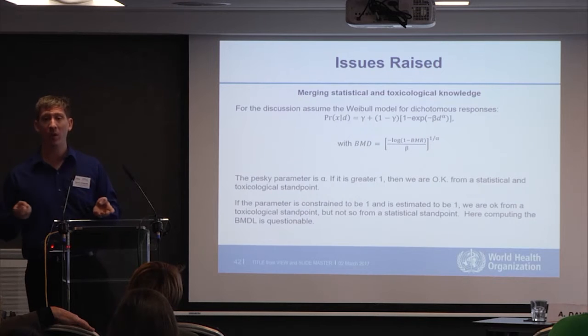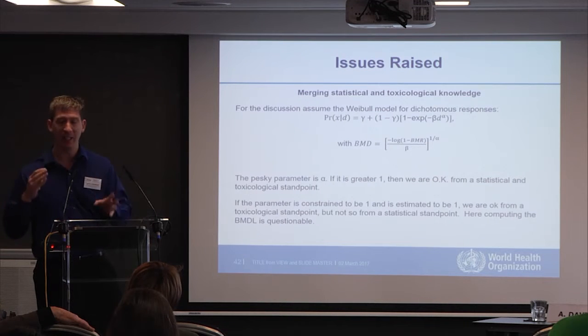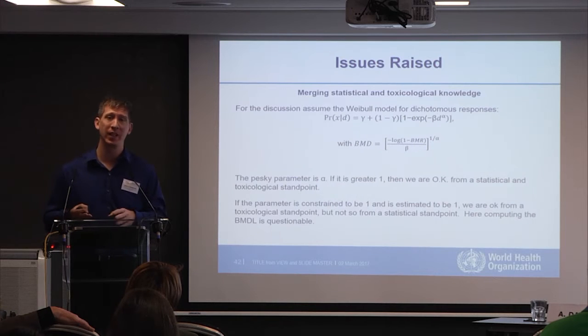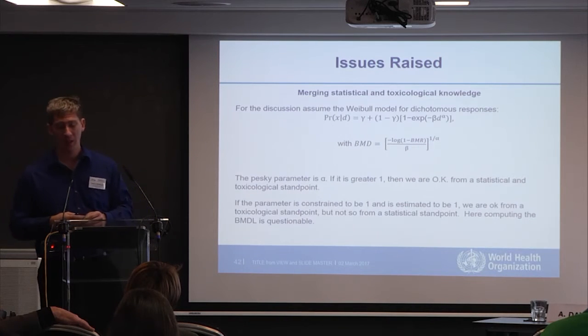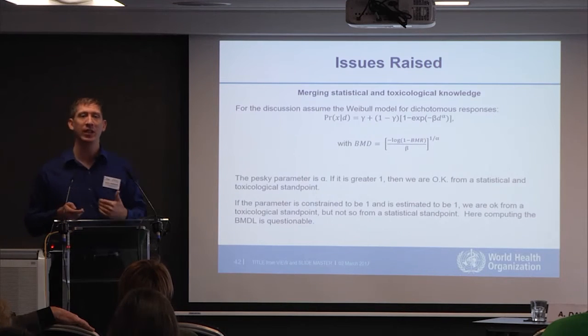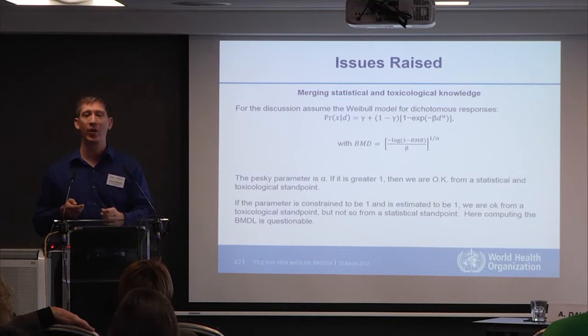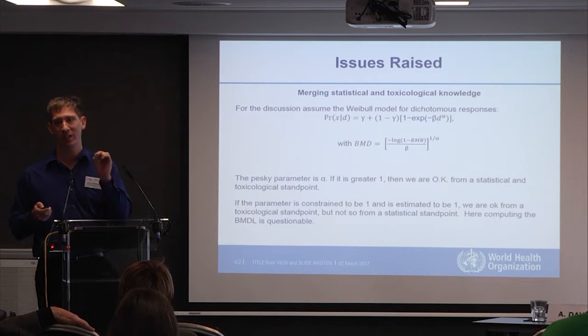If it's greater than 1, we're okay. And if we estimate it greater than 1, statistically and from a toxicological standpoint, we agree. It's what happens at that 1 boundary, a little bit below or possibly above. So the BMDL, I'm going to say computing it is questionable, often will fit a model that makes sense and it looks really nice. But it's the BMDL computation that really starts to become questionable.